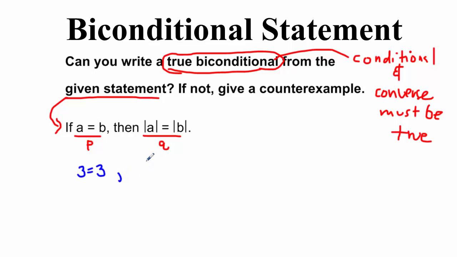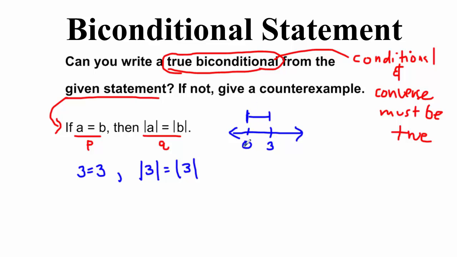And now I want to check. If I took the absolute value of each one, so the absolute value of 3 equals the absolute value of 3. And just to point out, if you forgot, absolute value is basically asking what is the distance to 0 on a number line.